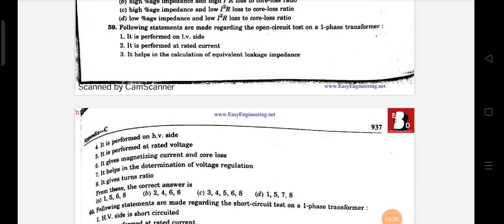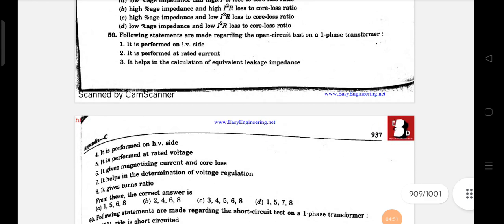Always, the open circuit test is conducted on the LV side and the HV side should be open circuited. That means the first point is correct. It is performed at rated current. Open circuit test means no load current, so we don't apply any rated current. That means the second option is not correct.